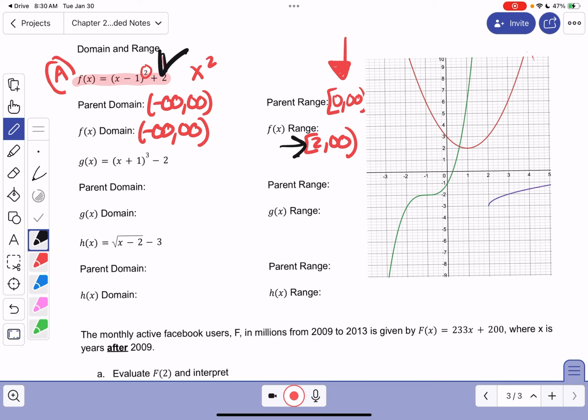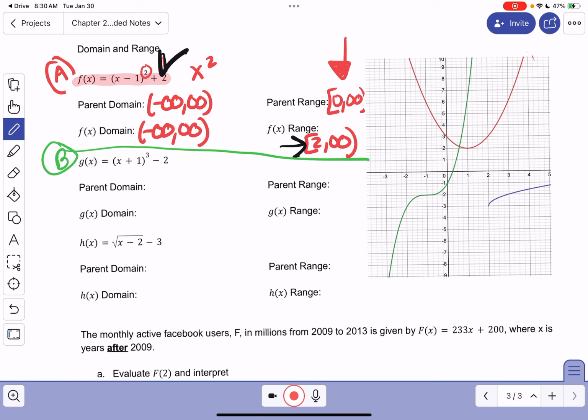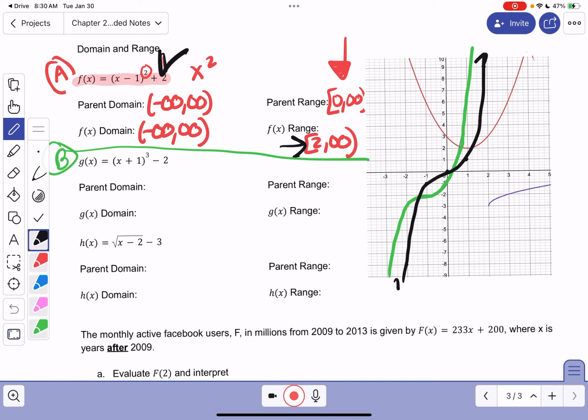Now let's look at G of X here, which we'll call B. It's going to be the green one. The black is going to be what the parent function looks like. So the domain of the black line is negative infinity to infinity.